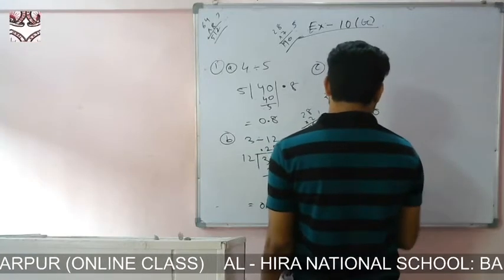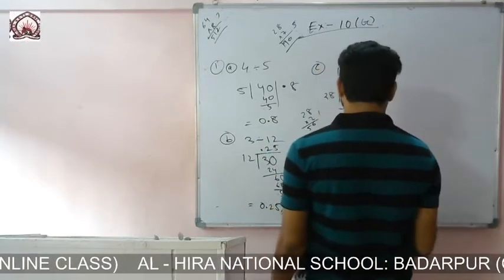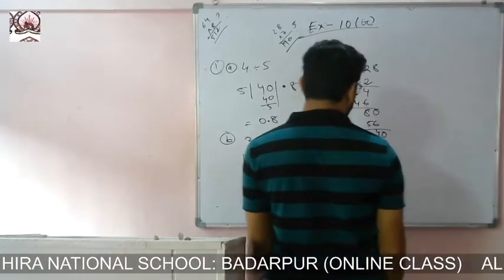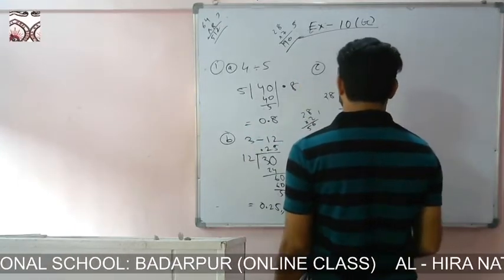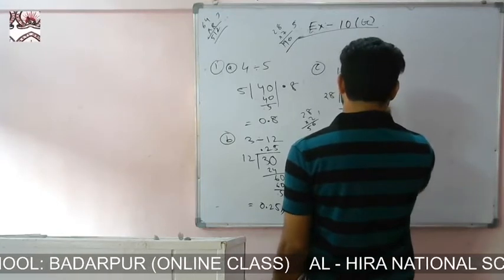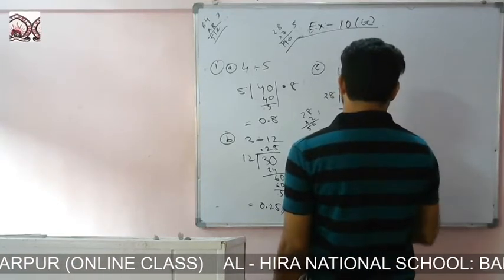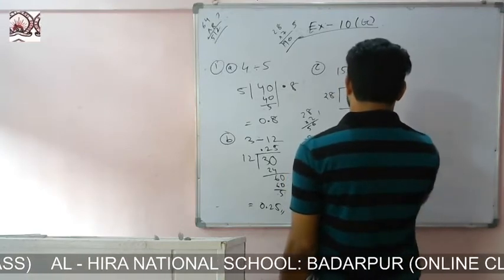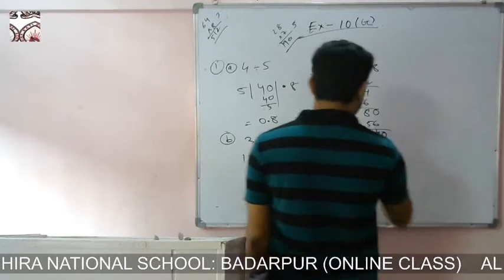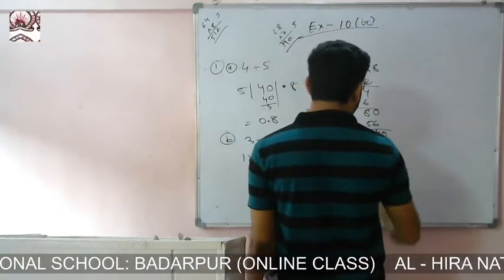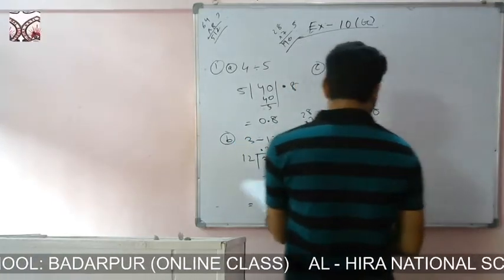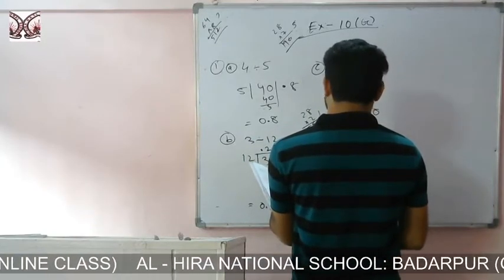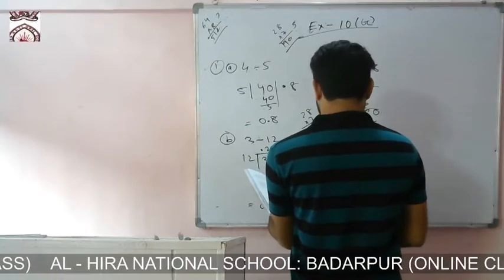Okay, 80, here remain what? 0. Okay, then we'll put 1 point and we'll bring what? 0. Then what? 80, 28 3s are what? 84.